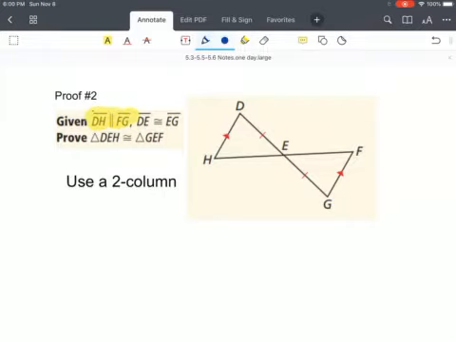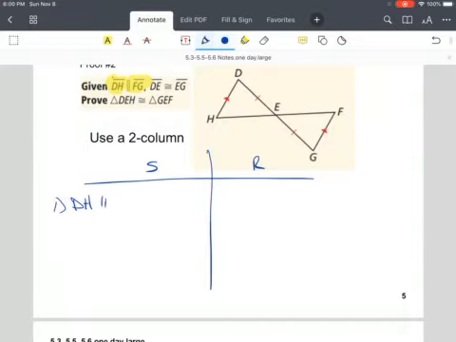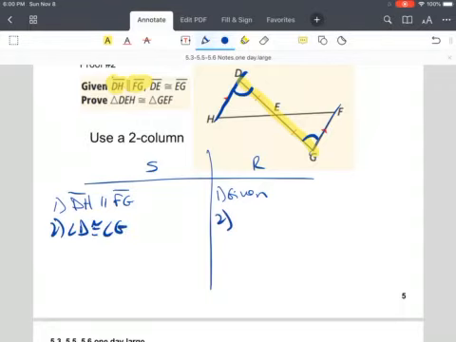So for this one, when I start with the fact that DH is parallel, so the fact that DH is parallel, that tells me with these parallel lines along my transversal, I'm going to get that angle D is congruent to angle G. And that is because parallel lines tell me that alternate interior angles are congruent.